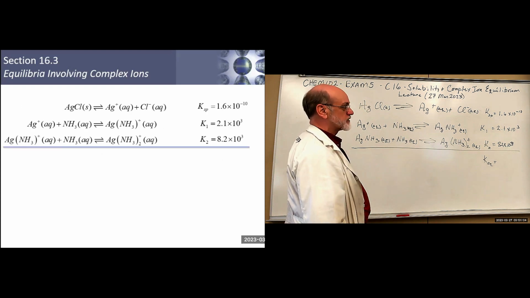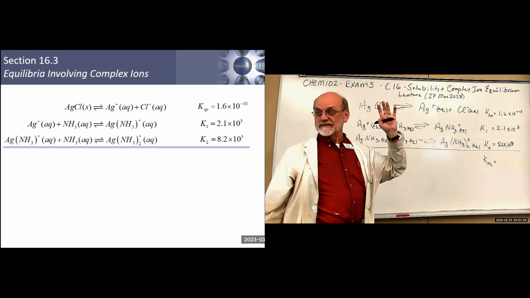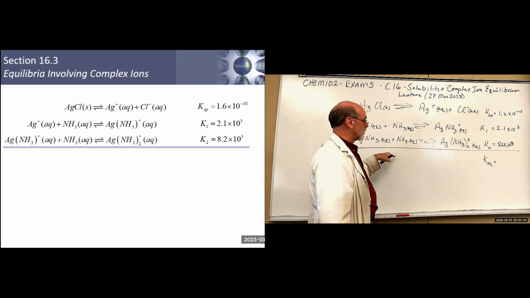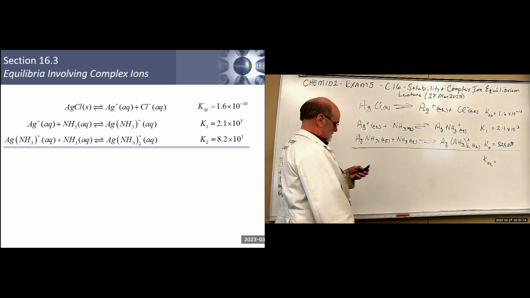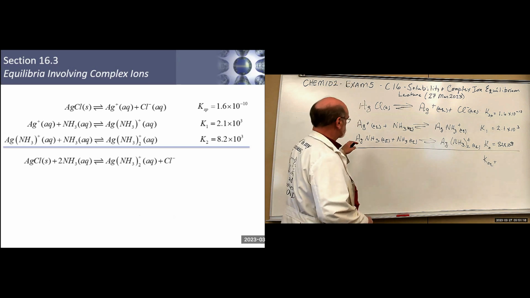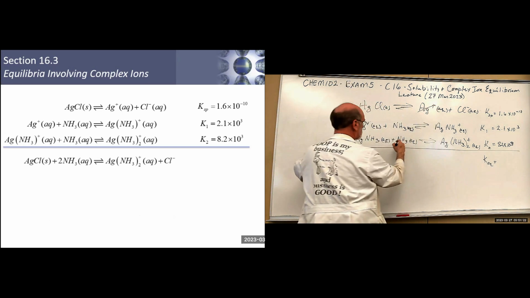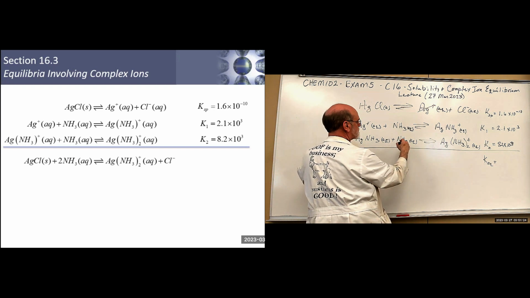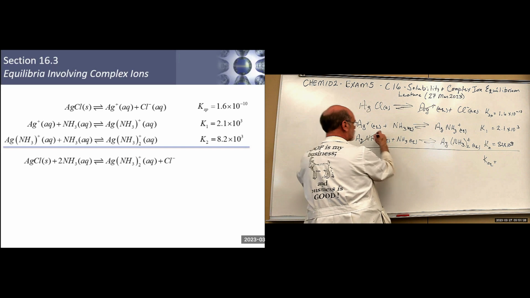Yes, this is the true situation in solution because all of these are in there together. So overall is what we're really interested in. All right. So when we add them together, that means this one cancels. This one cancels.